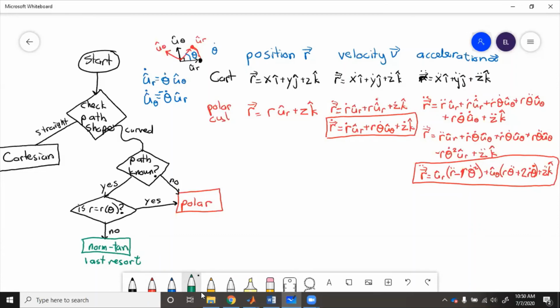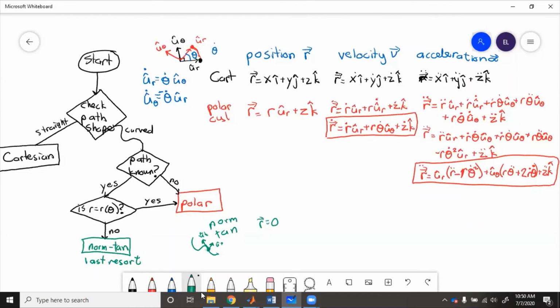Then finally, we'll have normal tangential. Now for that one, remember that the coordinate frame is fixed on the particle. So we've got the particle moving around. The coordinate frame is on the particle, so the r vector is 0, always.